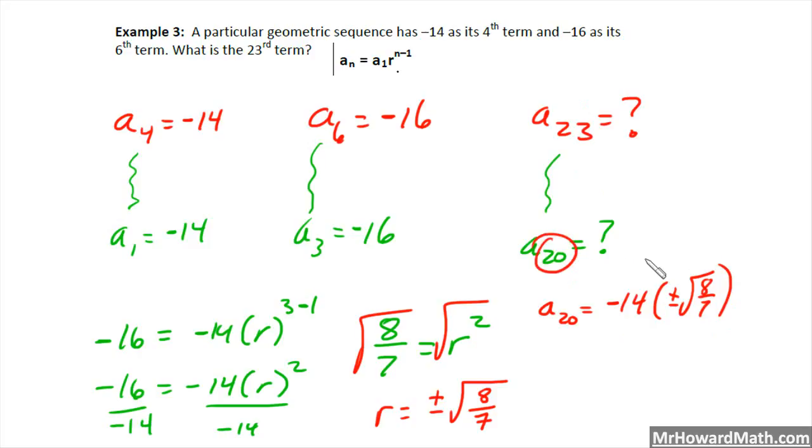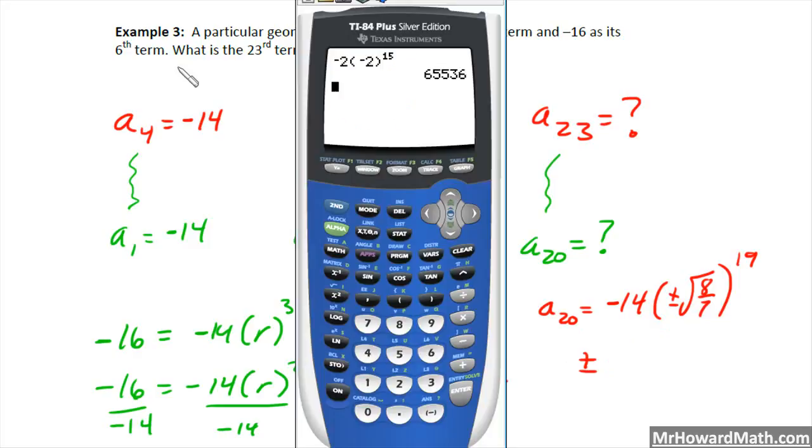We're using 20 as our index, so that would be to the 19th power. Once we do that, we'll need to use our calculator. We'll get a plus or minus value there. So let's put that in: negative 14 times the square root of 8 over 7, close that parentheses, raise it to the 19th power.